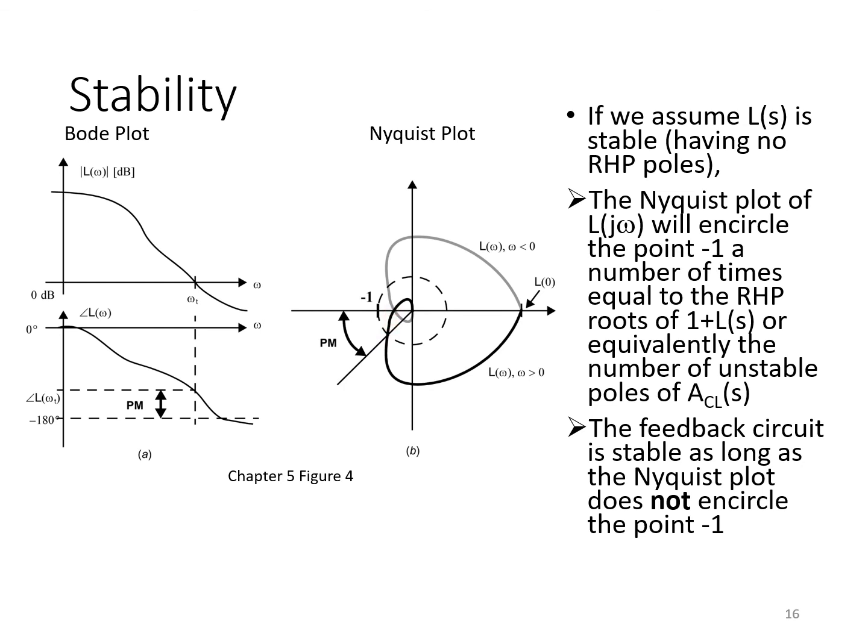So you could imagine, just to be clear, a Nyquist plot that looks something like this, in principle anyway. And that, strictly speaking, would be stable. That would represent a stable feedback system.